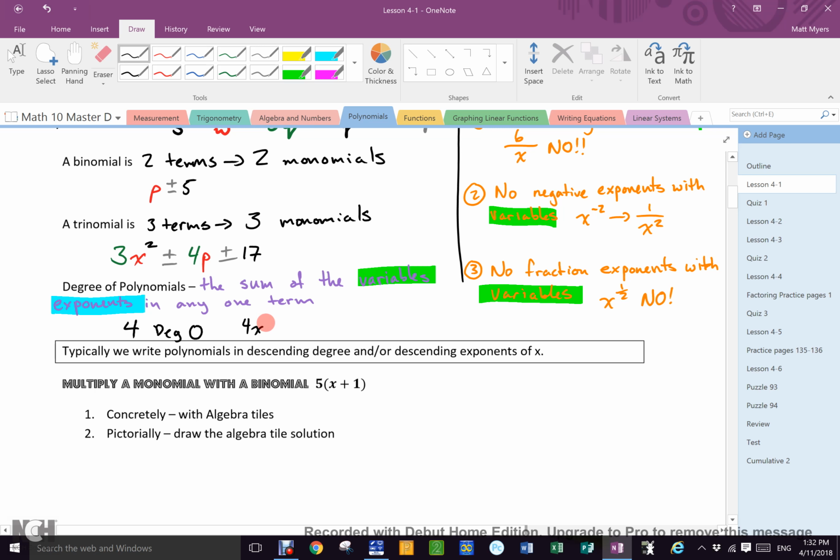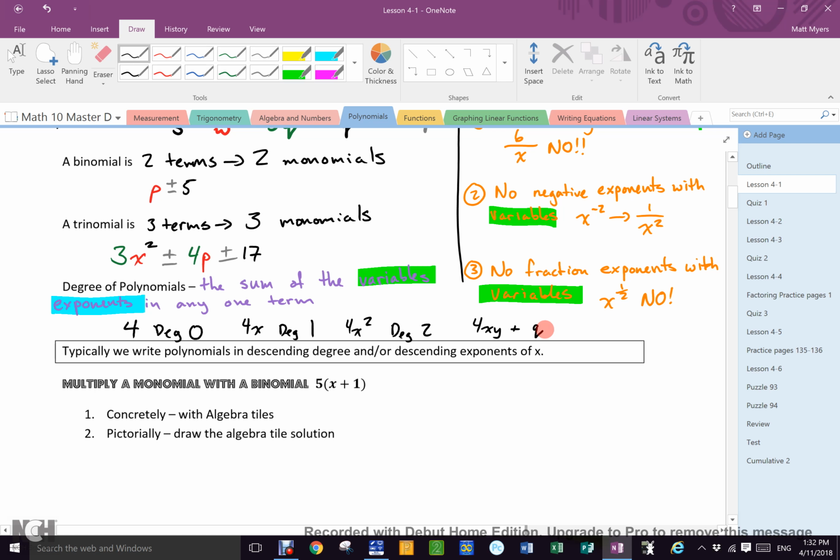4x. What's that degree? 1. Degree 1. Why? The variable has an exponent of 1, even though it's not written. 4x squared. That's degree 2. 4xy plus q.